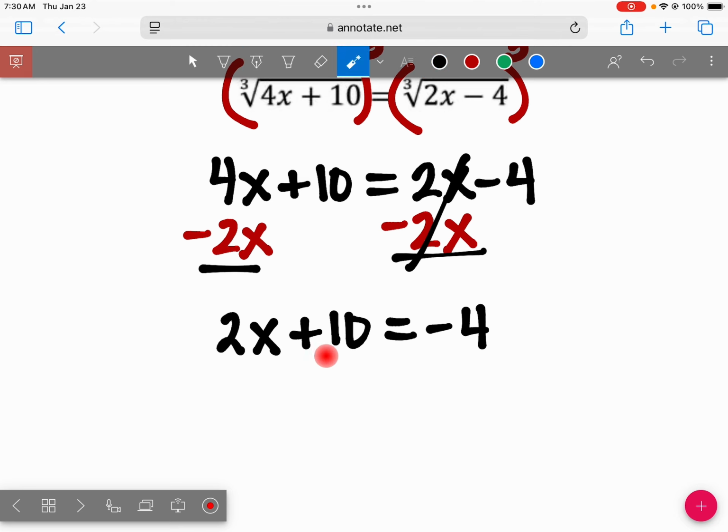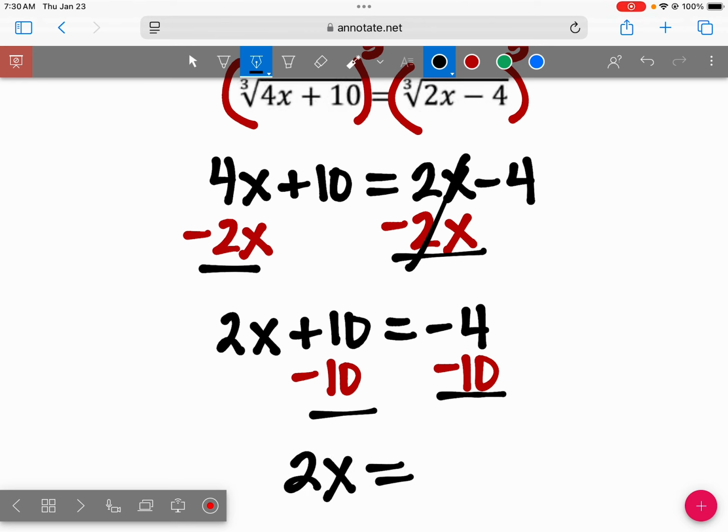All right, so now we need to move this number to the right. So this is positive, and the opposite of adding would be to subtract. So let's subtract 10. So use your calculator, take negative 4 minus 10.